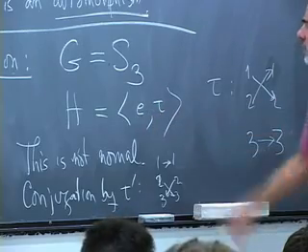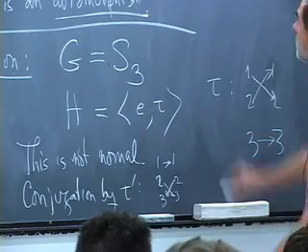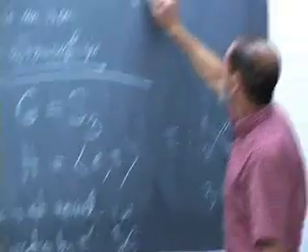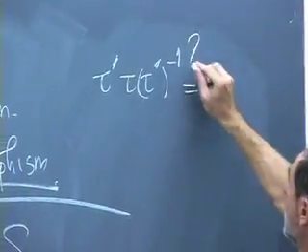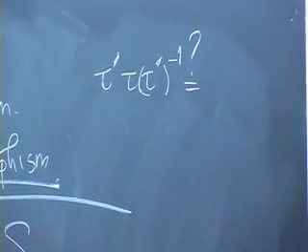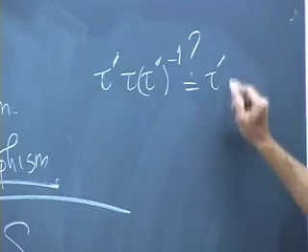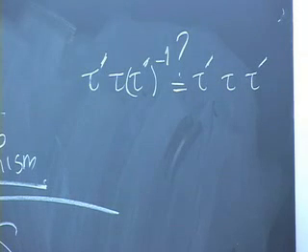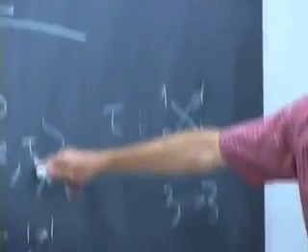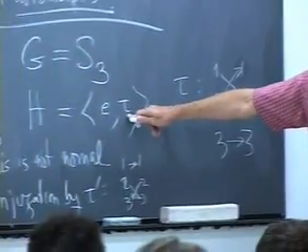So tau prime clearly takes e to itself when you conjugate. But what is tau prime tau tau prime inverse? Well, tau prime inverse is the same as tau prime. So we're calculating tau prime tau tau prime. Well, let's see. If it's this element, we'll be able to tell by just evaluating it on 3, because this is the unique element in the group other than the identity that fixes 3.